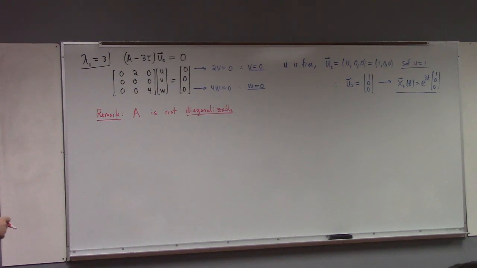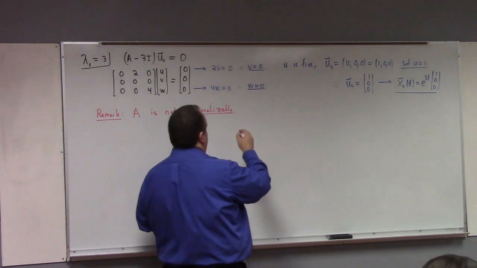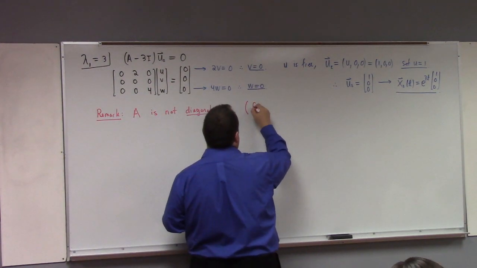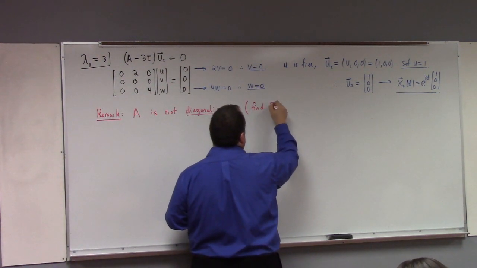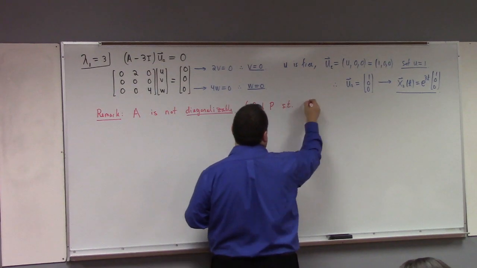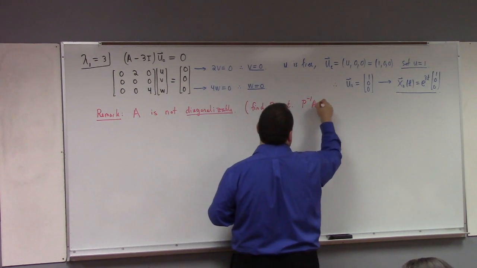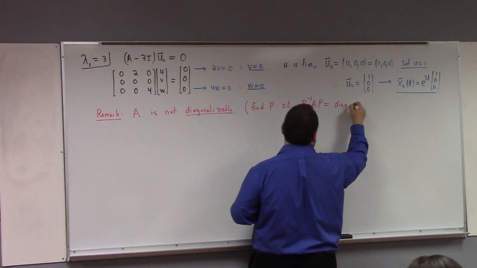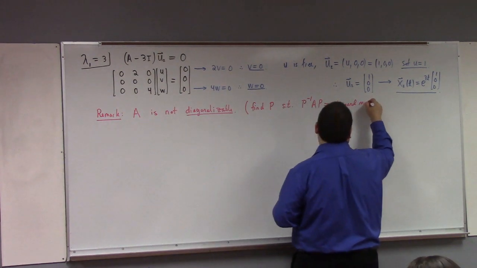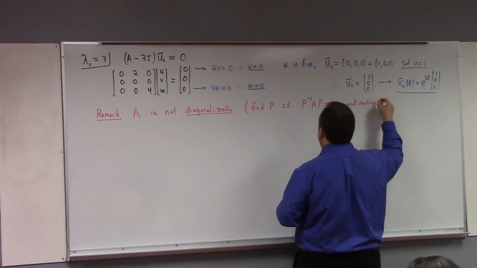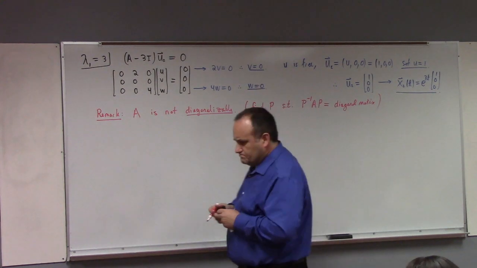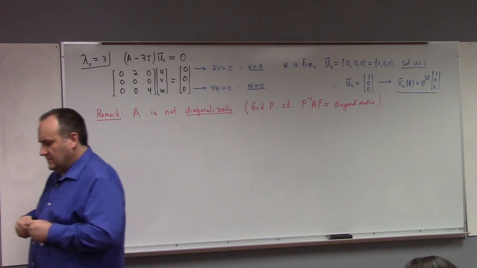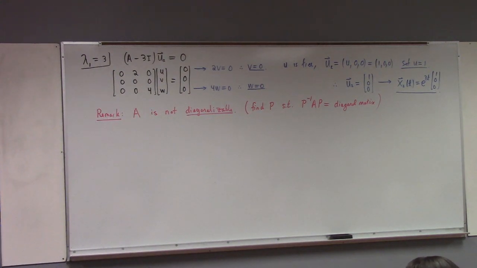A matrix is said to be diagonalizable if you can find P such that P inverse AP is equal to a diagonal matrix. If it's possible to find P like that, then that matrix is said to be diagonalizable.